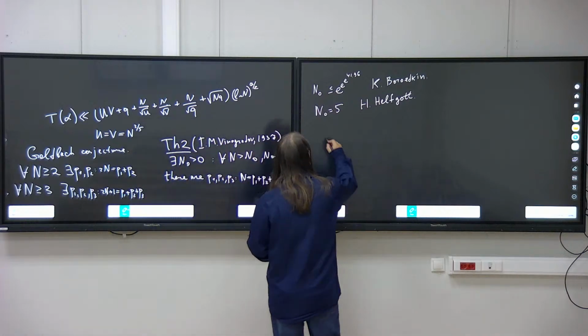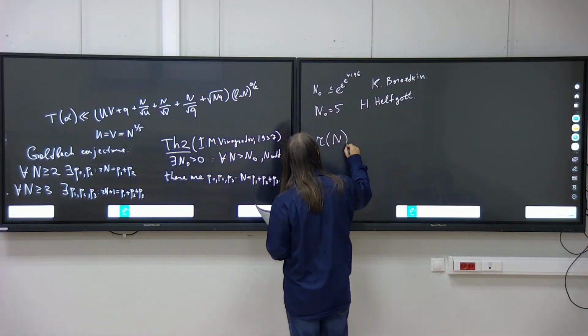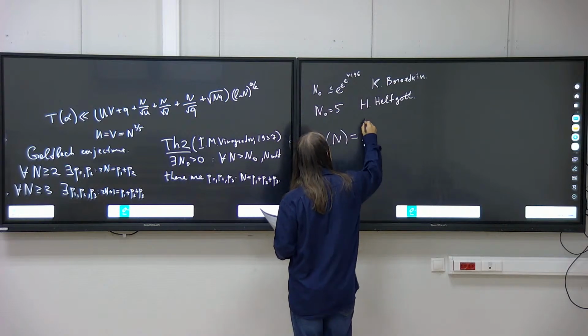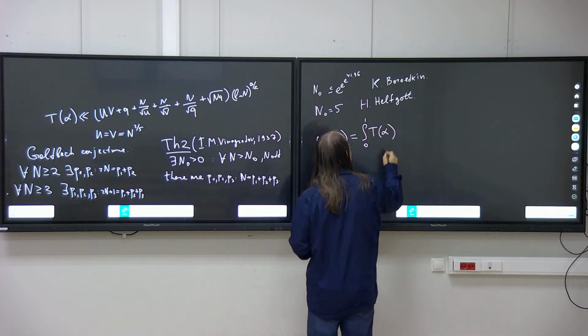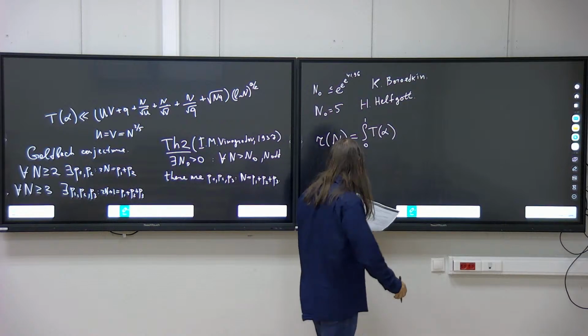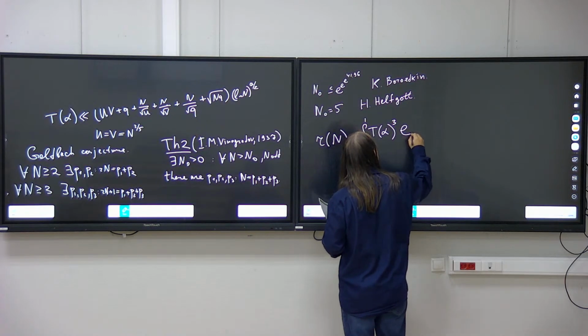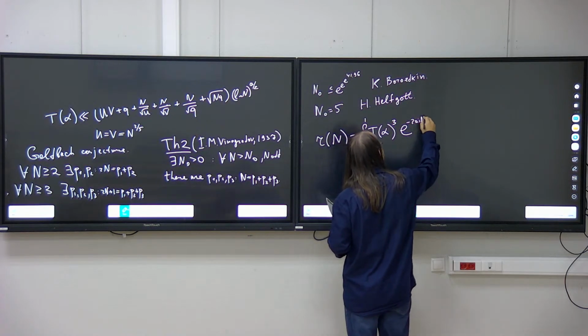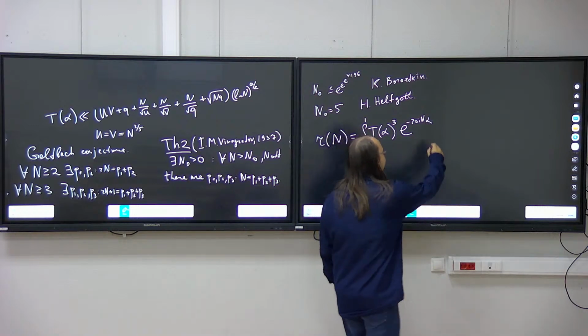And let us define R of n to be the integral from 0 to 1 of T of alpha, the same exponential sum, cubed, times e to the power minus 2 pi i n alpha, d alpha.